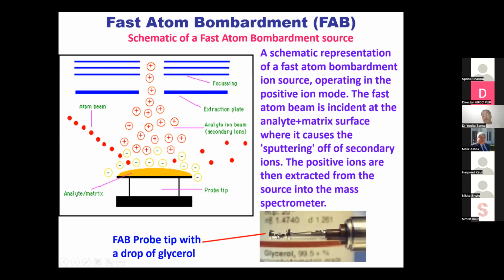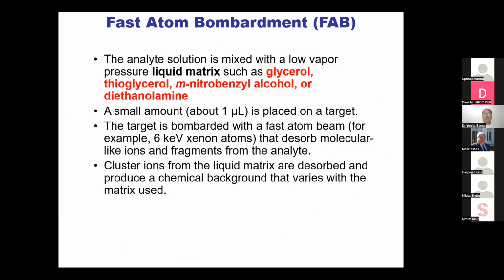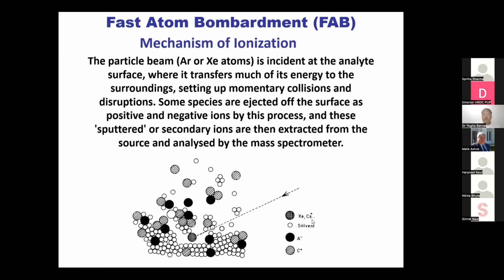So this is a tip, right? And this is the fast atom bombardment probe. On this tip, 1 microliter of glycerol mixed with your sample is placed, and then it is bombarded with fast moving atoms. Those fast moving atoms are nothing but argon or xenon.